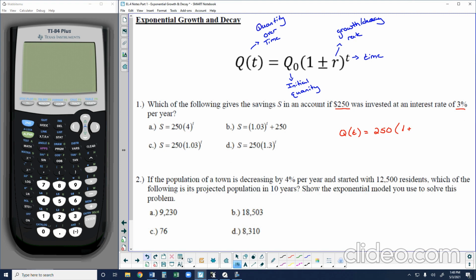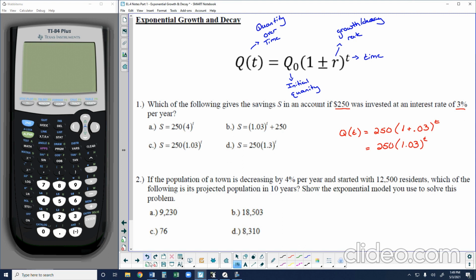So this would be 250 times 1 plus 0.03 to the t power. If we simplify this, 250 times 1.03 to the t power.